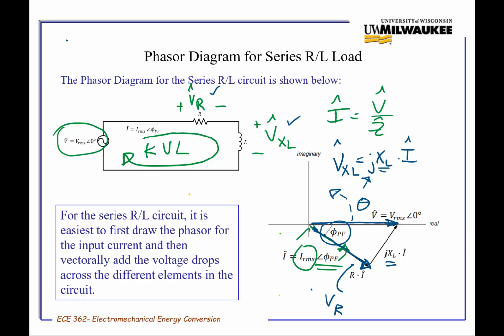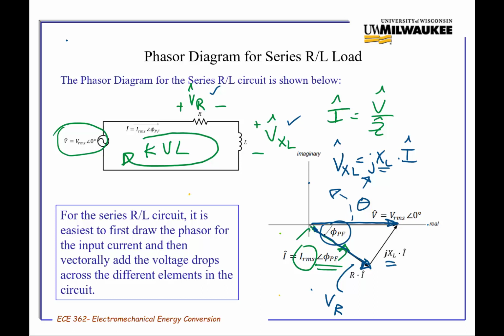It's going the other direction. So if you look at, for example, a real axis, the imaginary axis is 90 degrees shifted in this direction. So it's j times whatever's on the real axis would put you here.